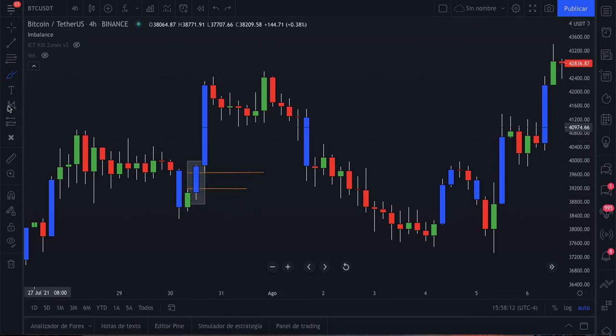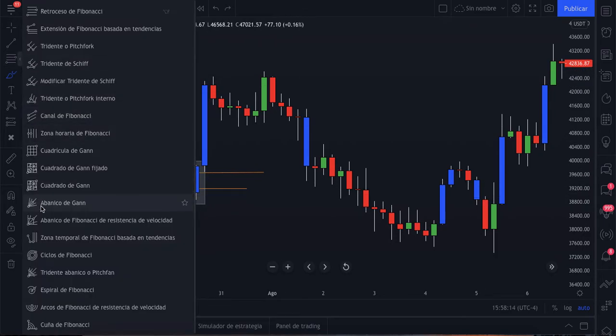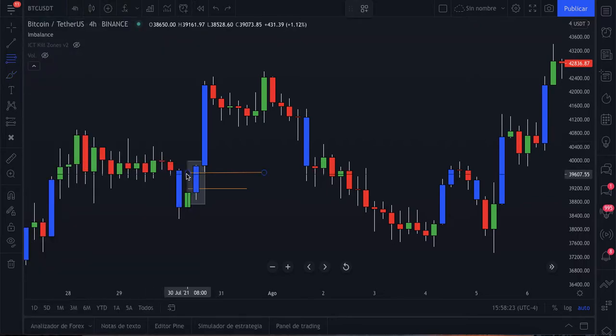Basically, for that area, and I will use something to make it clearer for you guys, here we have a zone like a black hole that is not efficient in the market, and we have an imbalance.